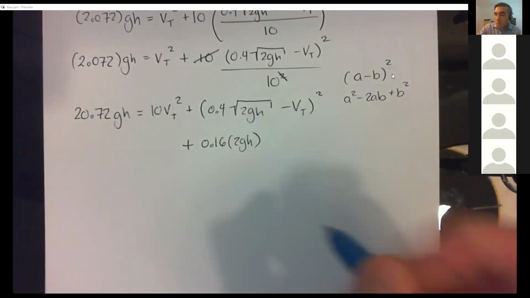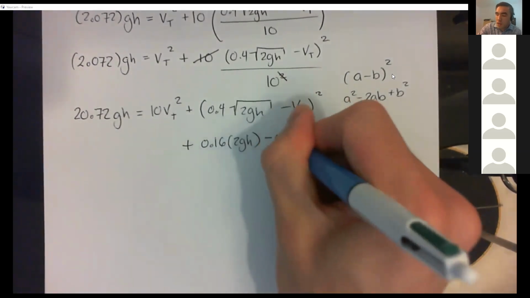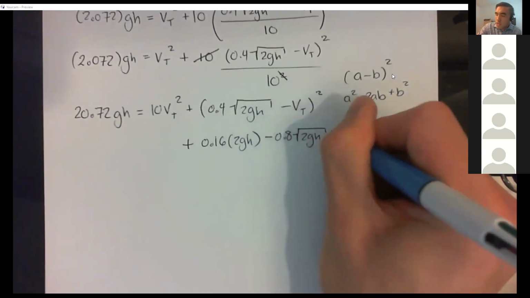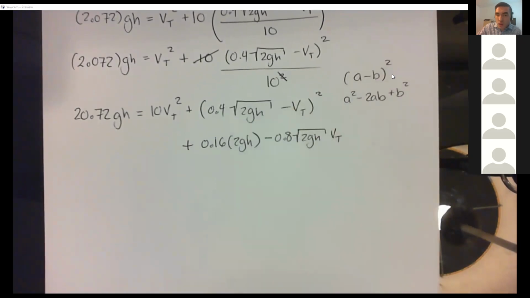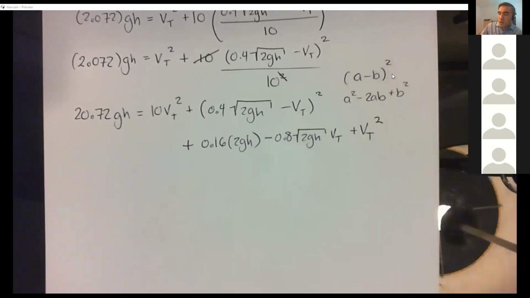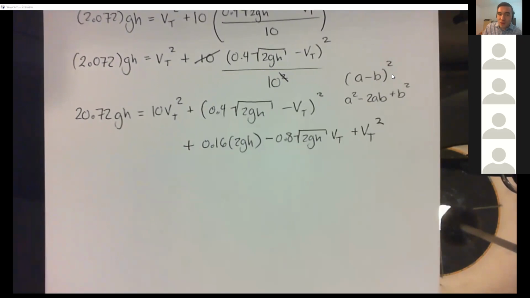So it's going to be minus 2 times 0.4, which gives us 0.8 root 2GH VT. And then finally, this last part is going to get added and squared, so it'll be plus VT squared. Is that okay? That's just this squared. It produces these 3 terms.